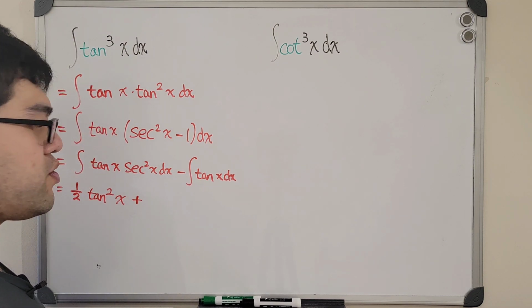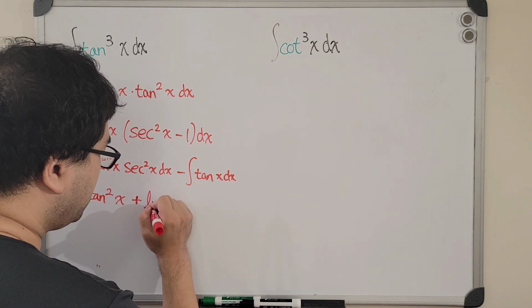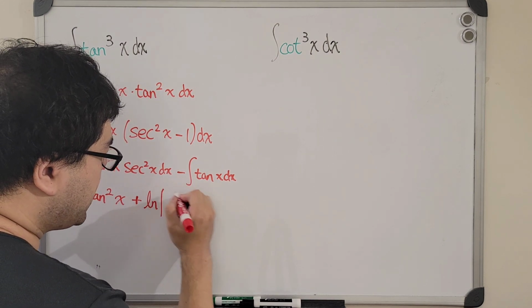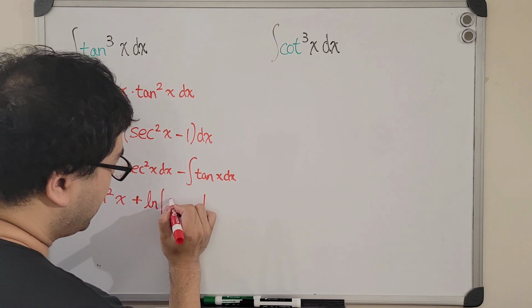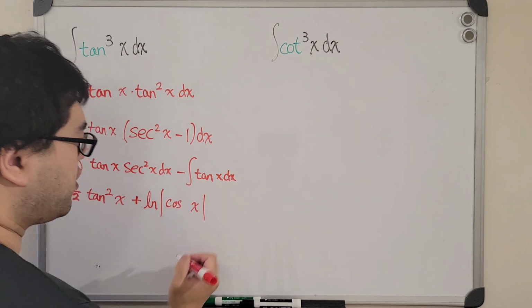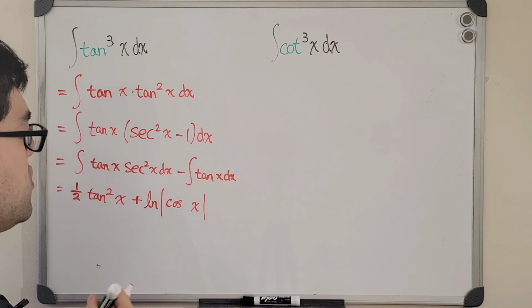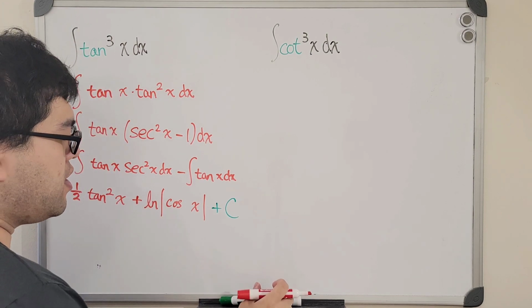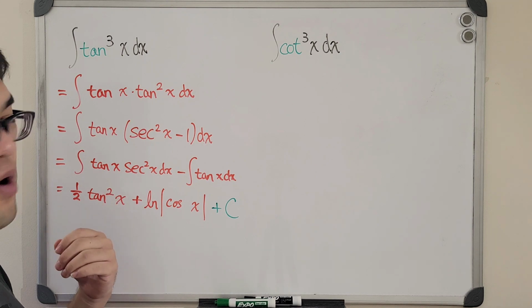And what is the integral of 1 over u? Well, of course, it's just ln of the absolute value of u. But in this case, what is our u again? It's the denominator, cosine of x. And therefore, we are almost done. Don't forget, we still need the plus c, the constant part. All right, now we finished the tangent cube part.